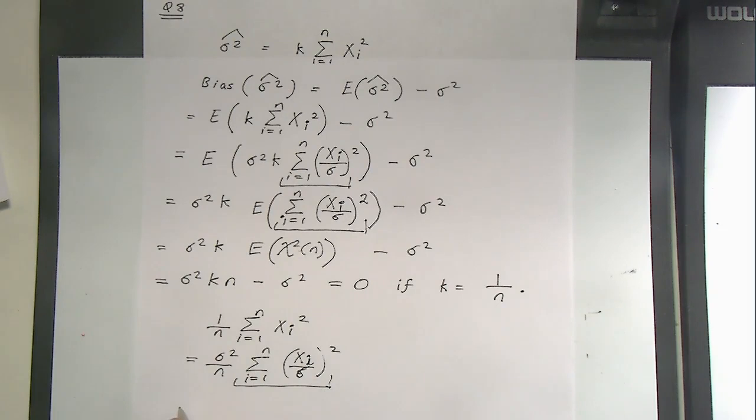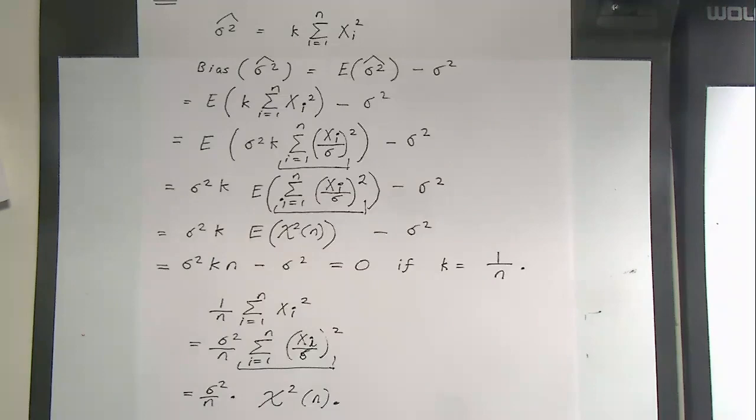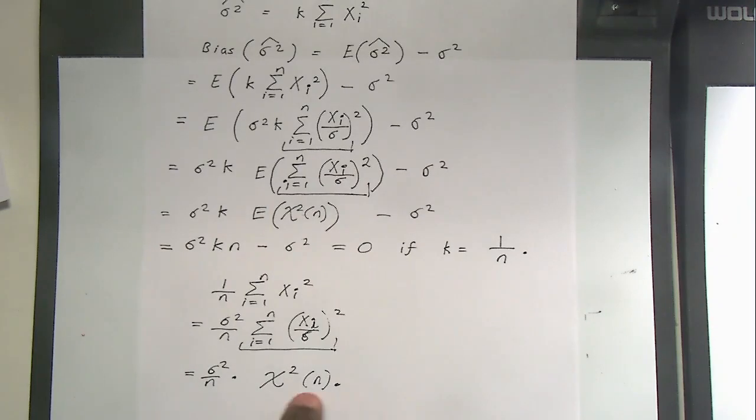So what you have is sigma squared by n multiplied by a chi-squared variable with n degrees of freedom. So this is the sampling distribution of what is given.